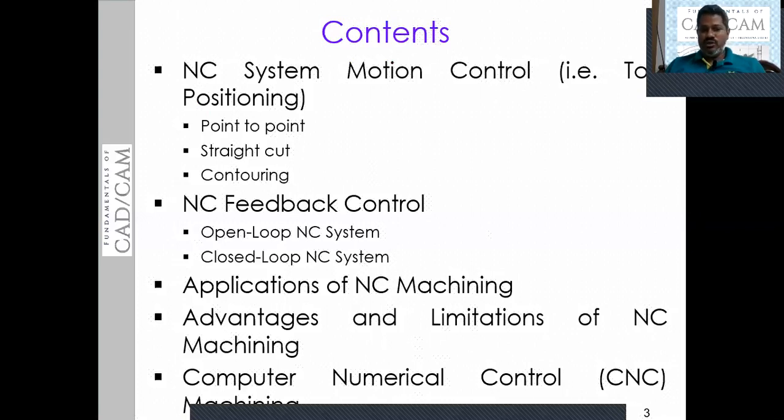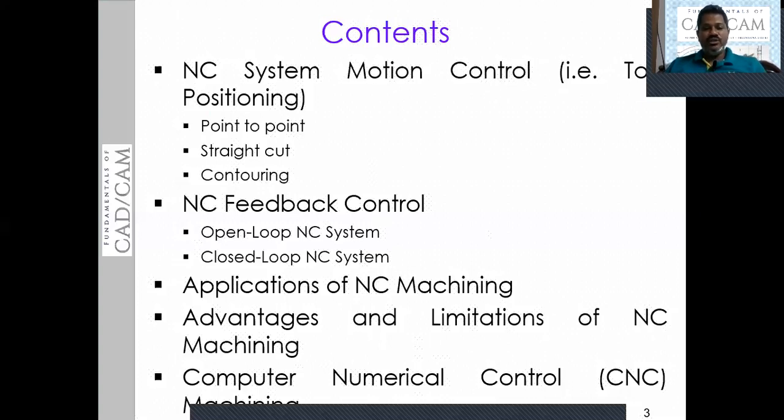Then we will move forward to discuss NC machine feedback control, how the feedback is controlled. Basically, NC feedback controls are of two types: one is the open loop NC system, and the other is the closed loop NC system. These two we will discuss in detail in this slideshow.